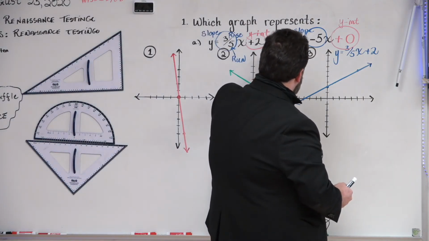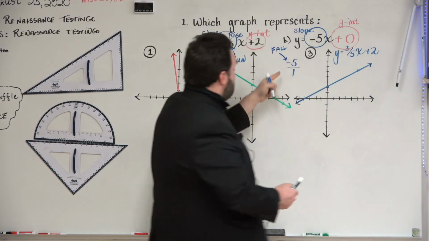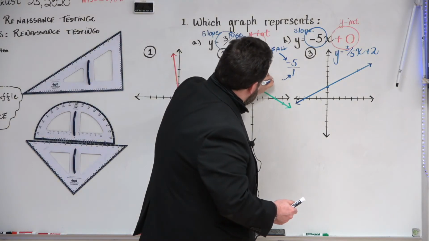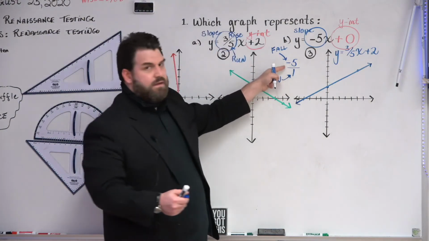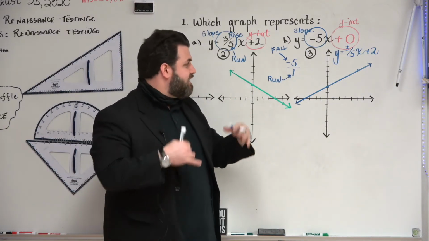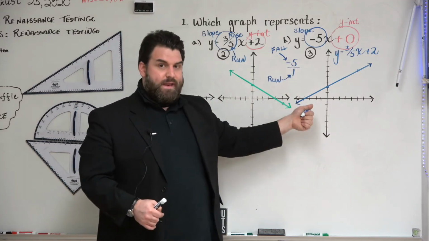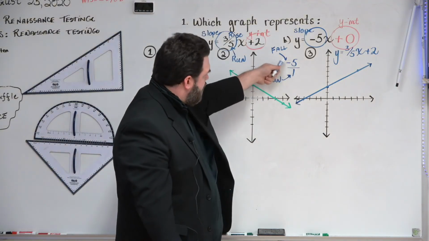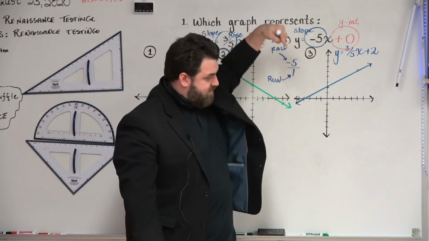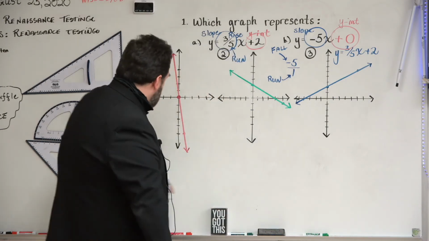Because it's a negative number, we could say it goes down or it falls. And the bottom number is the run. So anytime you have a whole number, by whole number I mean it could be negative or positive, an integer value, just write it over 1. Okay, so we're looking for something to start at 0 on the y-axis, so we can go down 5 over 1, and we'll be back on the line.